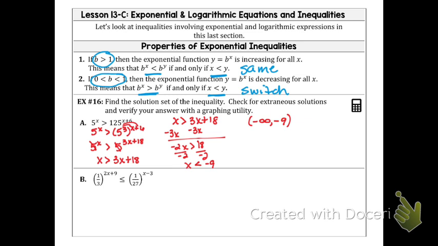Now, if I want to check this on my calculator, I'm going to type in this piece here. I'm going to put the left side in y1, the right side in y2.